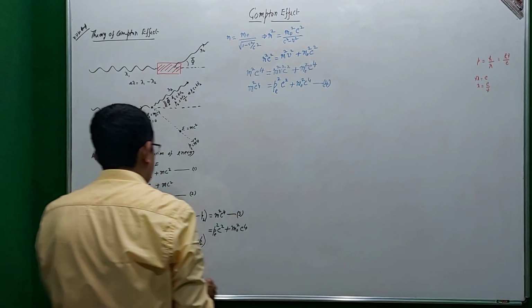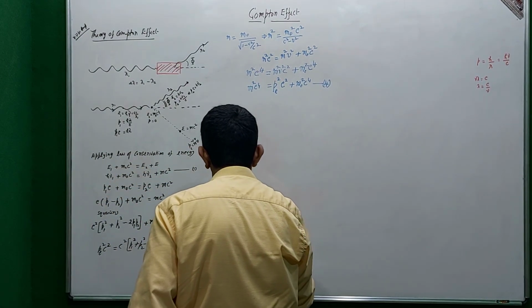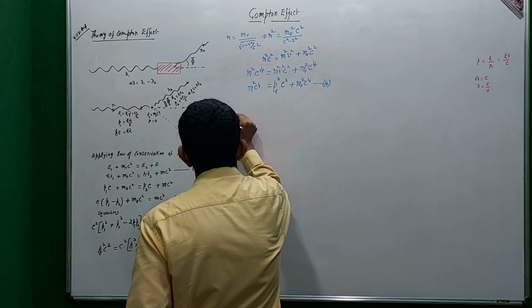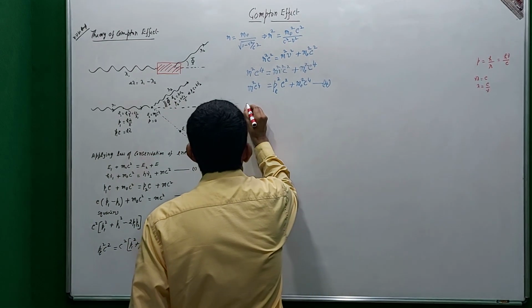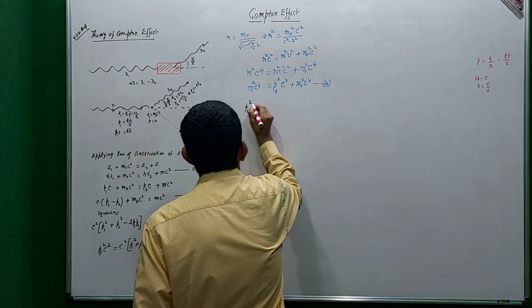And this c square we cancel. Therefore ultimately we get the expression for the momentum.